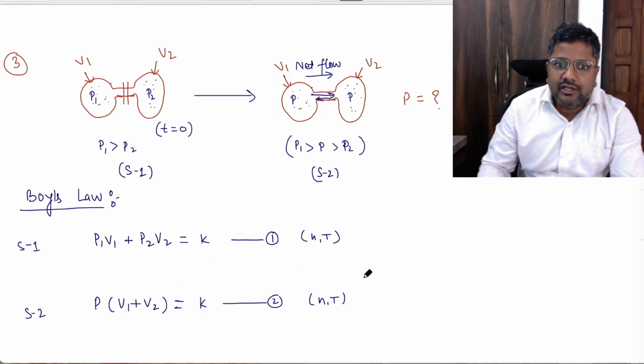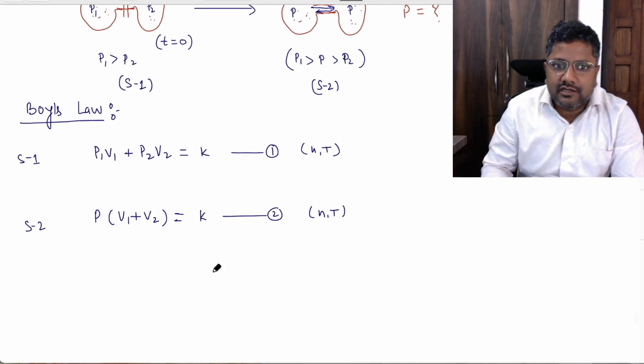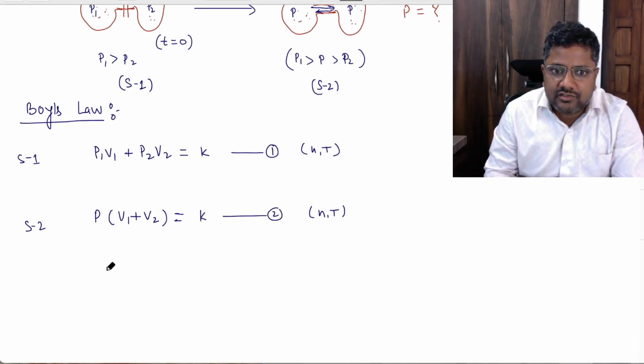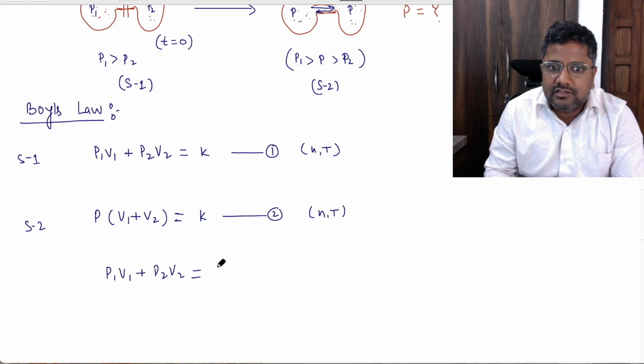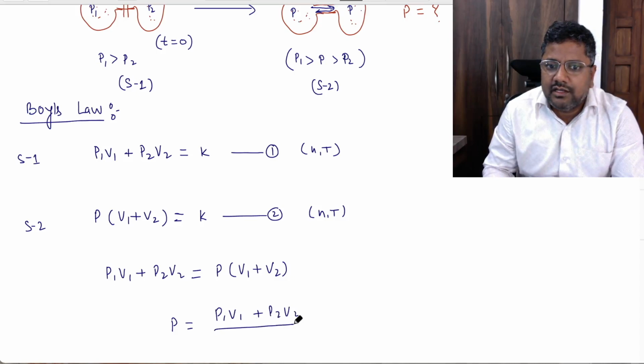So now you can equate this, and you find P1 V1 plus P2 V2 is equal to P into V1 plus V2. So P is equal to P1 V1 plus P2 V2 divided by V1 plus V2.